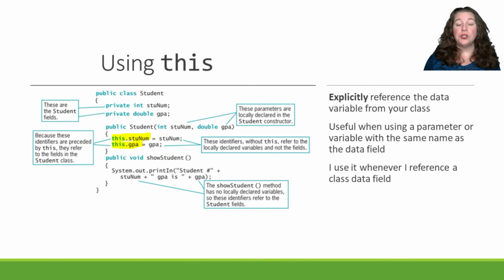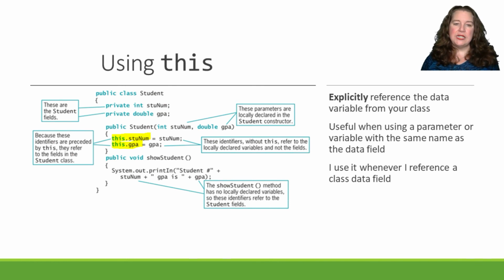The parameter student number is going to override the student number that's local to the class. However, we can access that student number that belongs to the class by using the this notation. When you write your constructors, I tend to explicitly write this dot attribute for every one of my attributes, even if I don't have the same name in my parameters, just because I think it's clear.